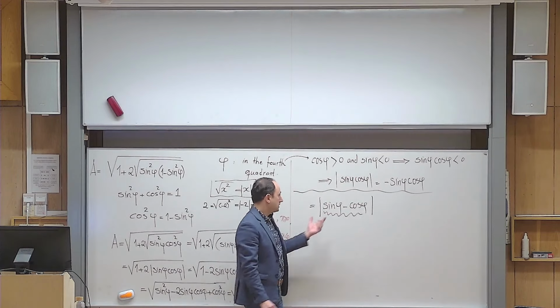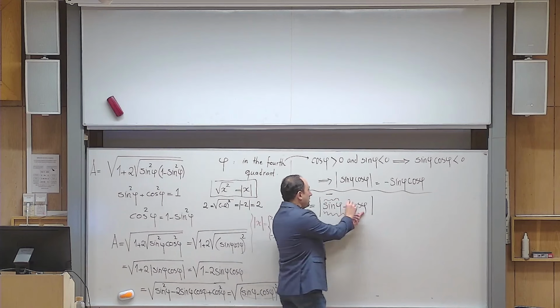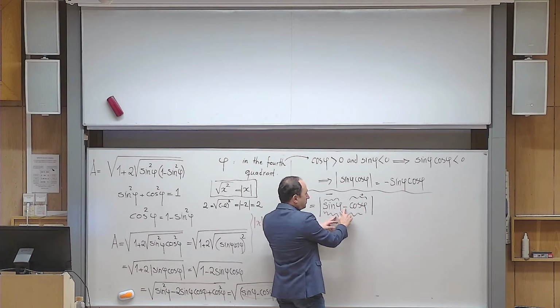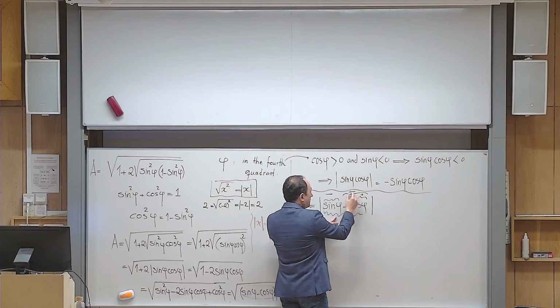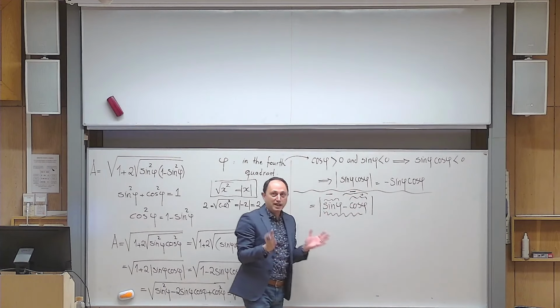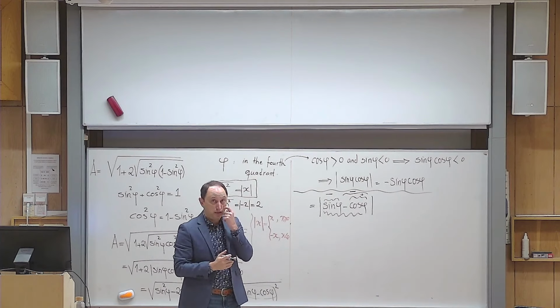So sine phi is a negative number. Cosine phi is a positive number. But I have a minus sign here, minus positive, so again it becomes negative. So this part negative, that part negative, I am adding two negative numbers, so the answer becomes negative.